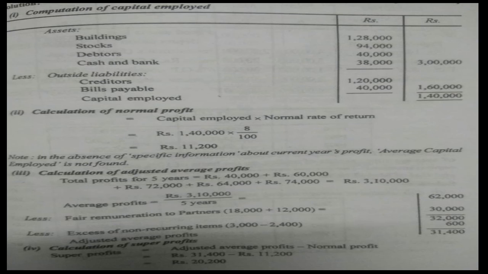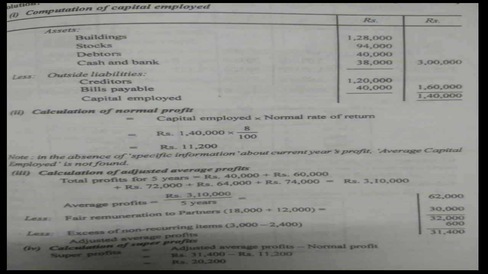Then adjusted average profit. The profit for the 5 years is 3,10,000, and the 5 years average will give you 62,000. I told you, after taking the average, you have to minus the remuneration for X and Y, 18,000 and 12,000, that is 30,000. 62,000 minus 30,000 will give you 32,000.